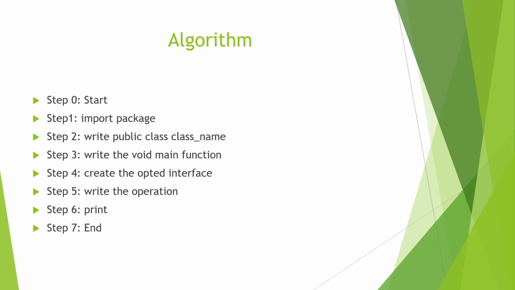So first we import the packages, then the public class name, then the void main function. After that we will create the interface, whatever interface we are using. After that we will write the basic operations, then we will print, and this will end our program.